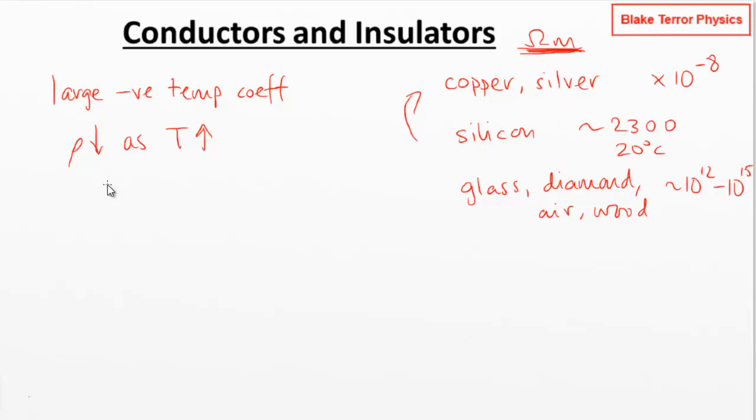Sensing circuits and things like that. This is how our light dependent resistors and thermistors and things like that work. Right, so how are we actually using semiconductors in circuits nowadays?